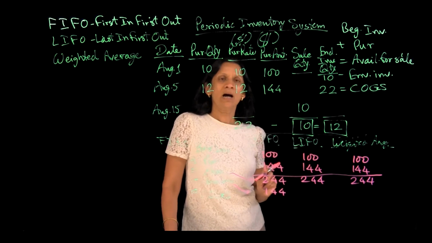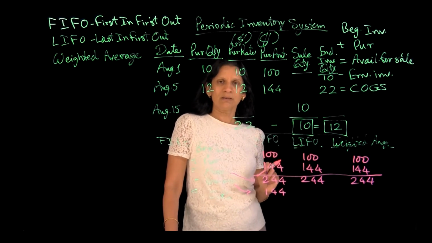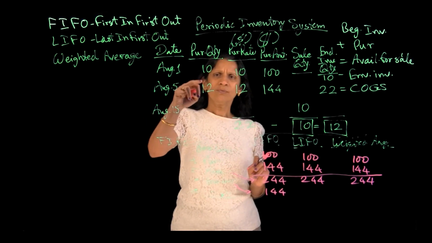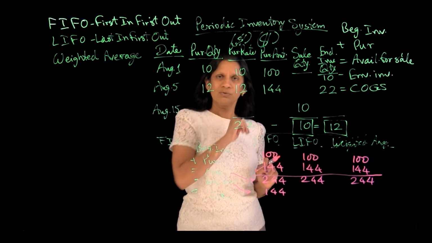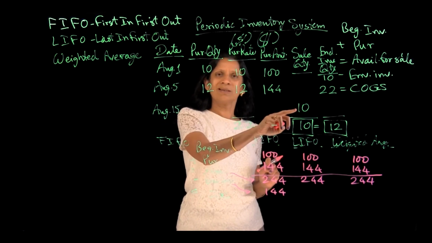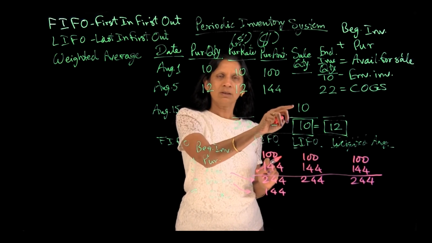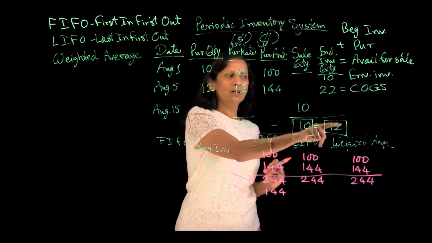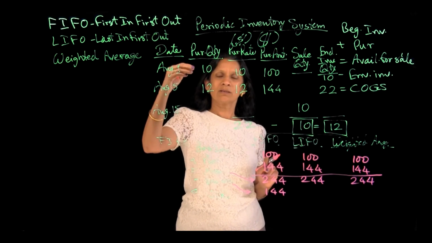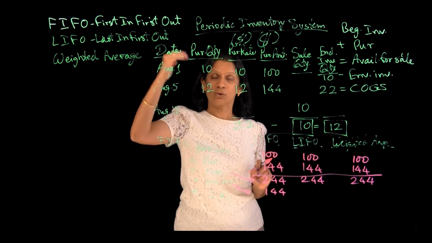But if it is last in, first out, that means whatever came in last has gone out first. That means when I am selling these 10 units, I am selling them from my latest purchase. So my ending inventory of 12 units consists of my oldest purchase.